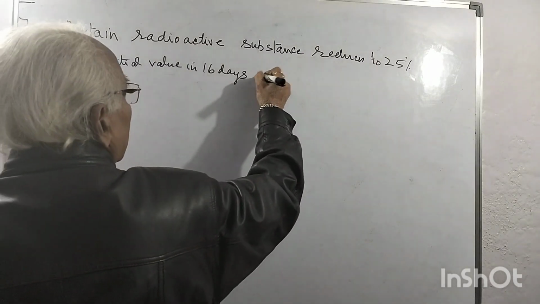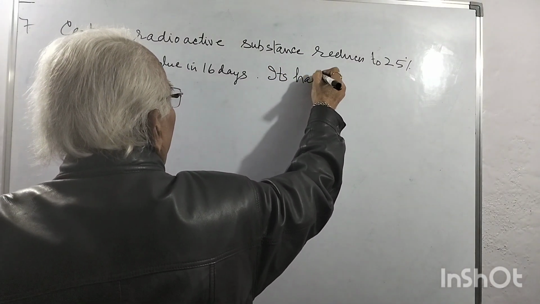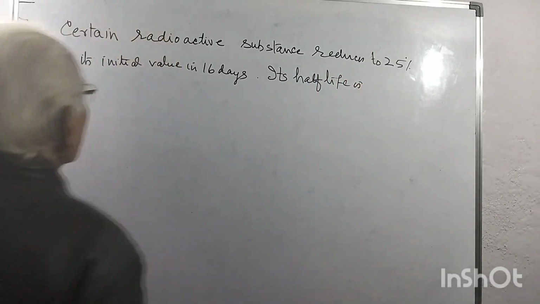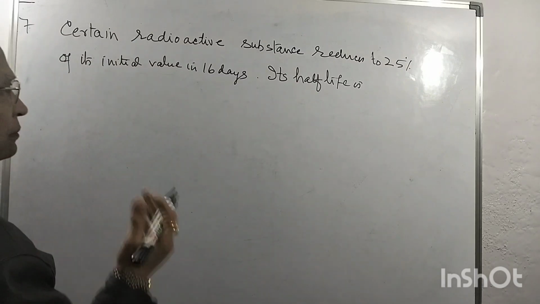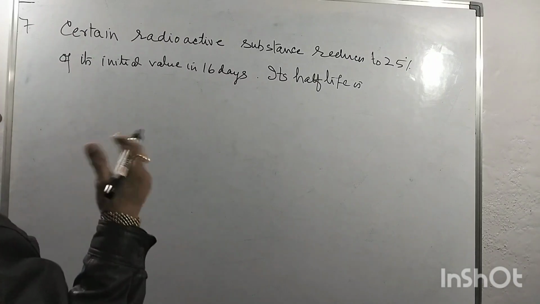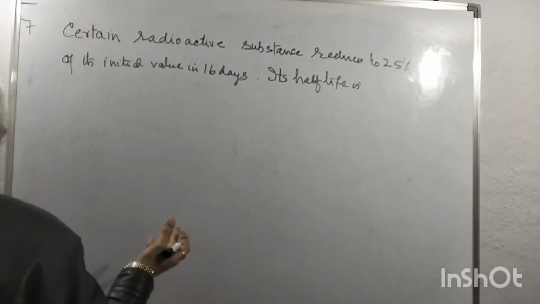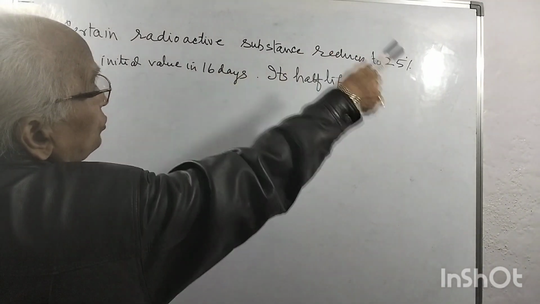Its half-life is, so what is the half-life? 25% means 1/4 in 16 days. It becomes 1 by 4, meaning 75% decay. 25% remaining, the substance reduces to that.